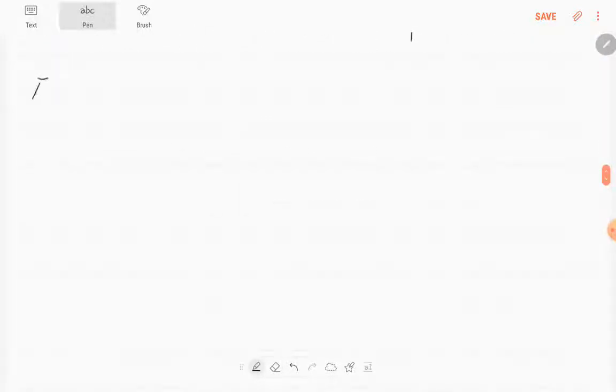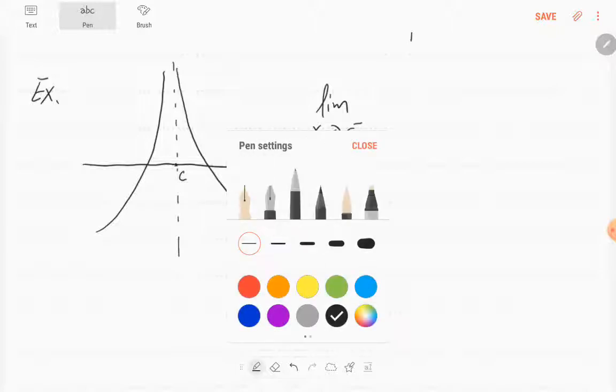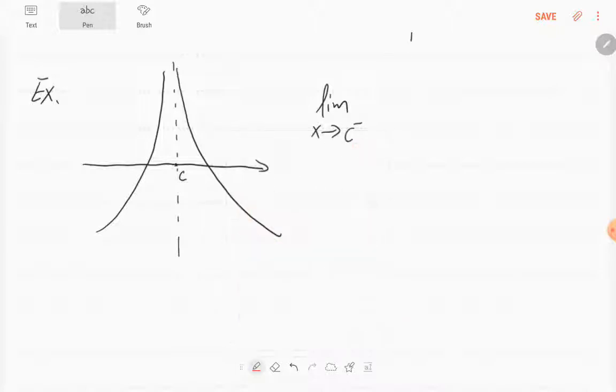So now let's look at another example. If we know the graph of a function, which is given by this one. From this graph, we notice that if this is c, this is corresponding to x equals c. The limit as x approaches c minus, that means from the left side of c, right?